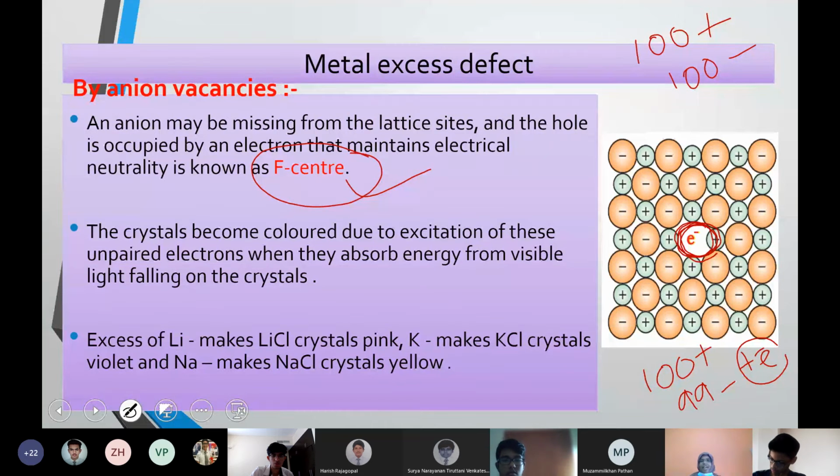Okay, leave it. Let me ask one general question. If you start heating sodium chloride, have you noticed any change to the color of sodium chloride? Those who are baking, those who know the baking thing, because we use salt for baking, right?